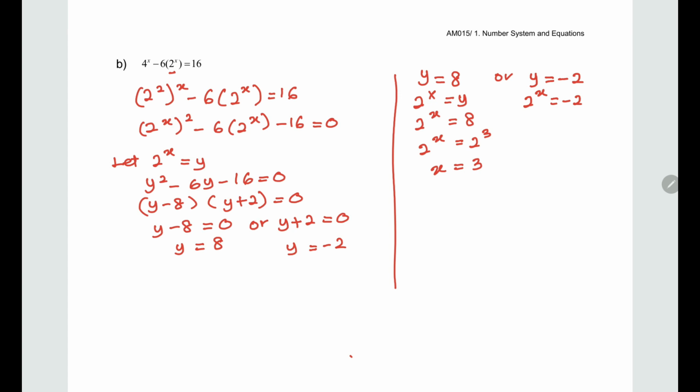We try to change negative 2 to base 2, but we cannot change negative 2 to base 2. So negative 2 is undefined. Therefore, the final answer is x equals to 3.